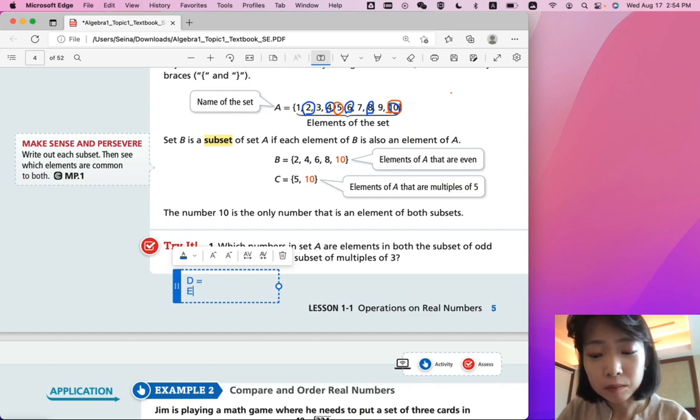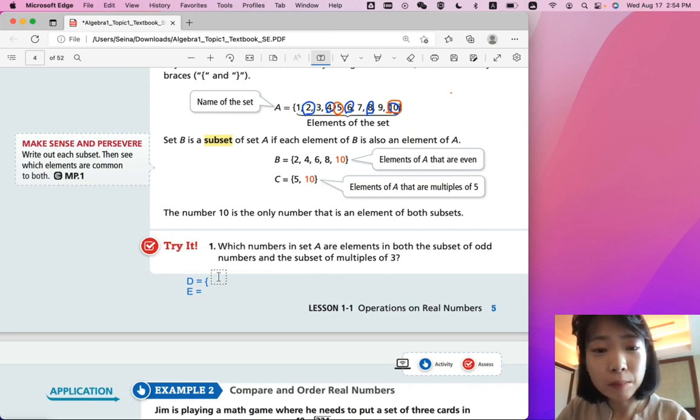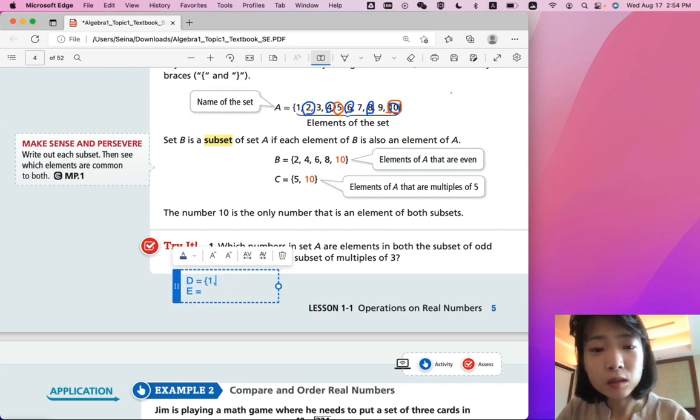Okay, so the subset D would have odd numbers from A. So all odd numbers would be 1, 3, 5, 7, and 9 from A. And E would represent the subset of multiples of 3 from set A, right? So then you would have 3, 6, and 9.